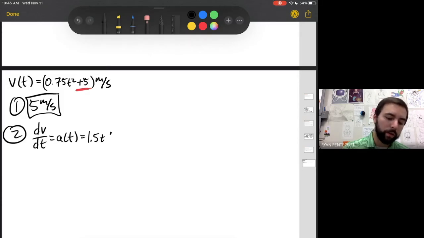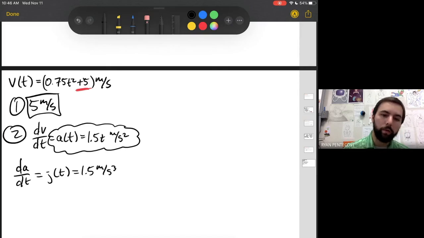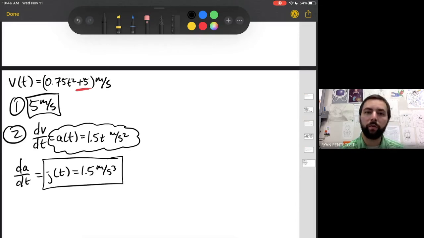So that is our acceleration. That is not our answer, but that is key, right? Because then we need the derivative of acceleration with respect to time, which is our jerk. And that would be 1.5 meters per second cubed. And it asks for the rate at which it's changing. That is it. It is changing at 1.5 meters per second cubed, which is a crazy hill.